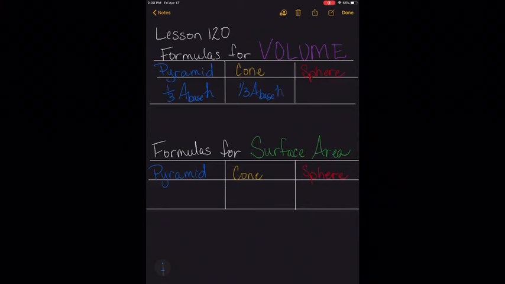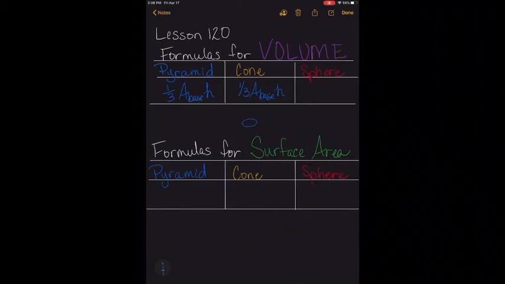Same with a cone. 1/3 the area of the base times the height. So for the cone, we're talking about the base being the circular part. Okay, so that would be pi r squared times the height times 1/3. Okay, so essentially it's the same as a cylinder.